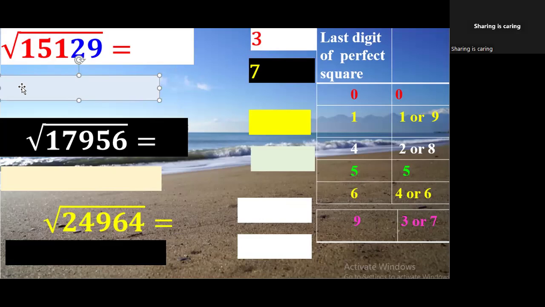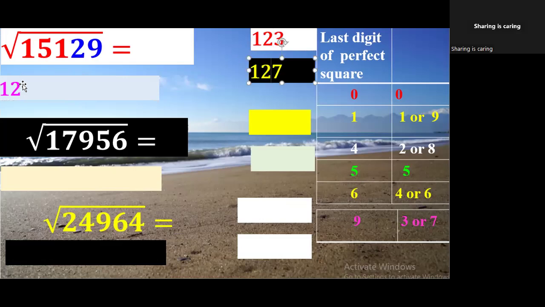It should be what? 12 times 12 is 144. 13 times 13 is what? 169. So I will take the closest one but less than 151, which is 144. Therefore, the number will be either 123 or 127.